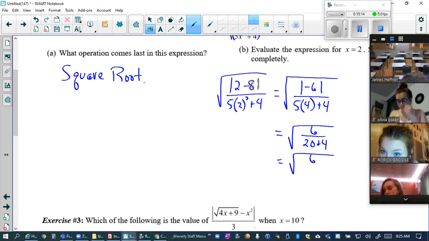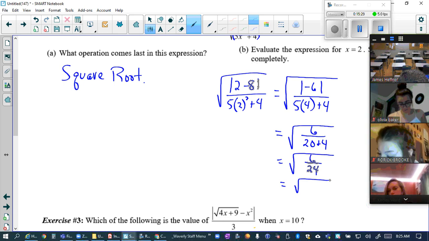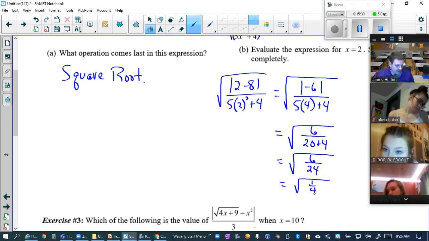Addition, right? Over 24. Okay. Can we reduce that fraction? Might be helpful. Divide top and bottom by what? Divided by 6. And you get what? 1 over 4? And now we can apply the division property.